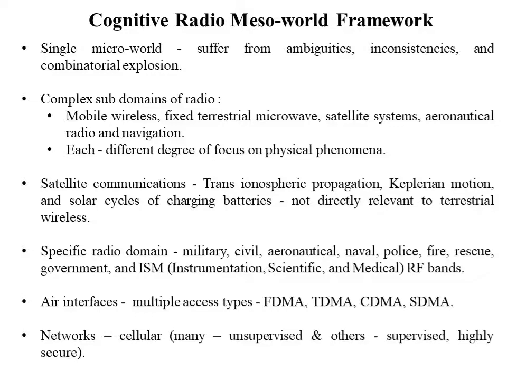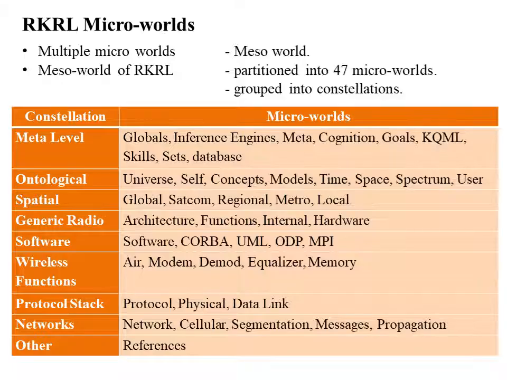bands, among others. Air interfaces include the primary multiple access types like FDMA, TDMA, CDMA, and SDMA. Here, networks are said to be cellular, but many are unsupervised, while others are not only supervised but also highly secure. The terrestrial wireless domain also includes users and other entities that must be modeled to infer user communications context.